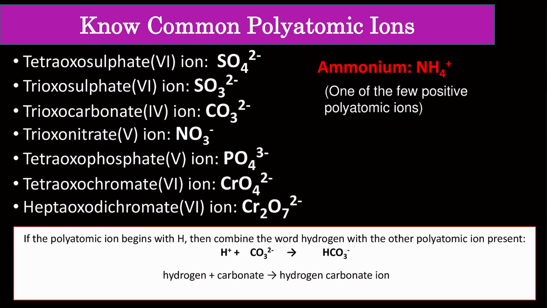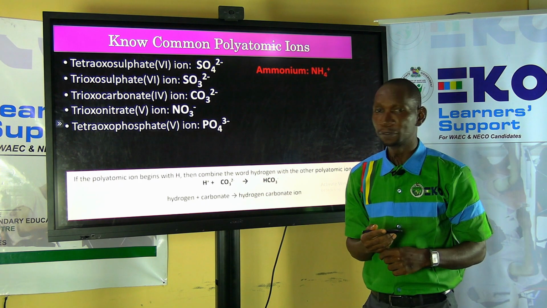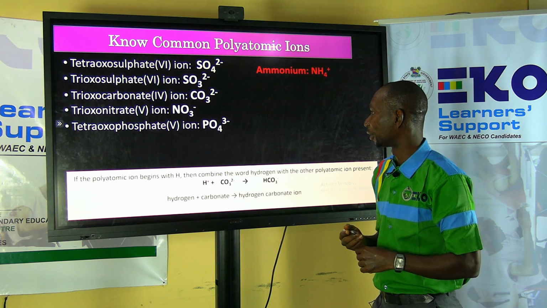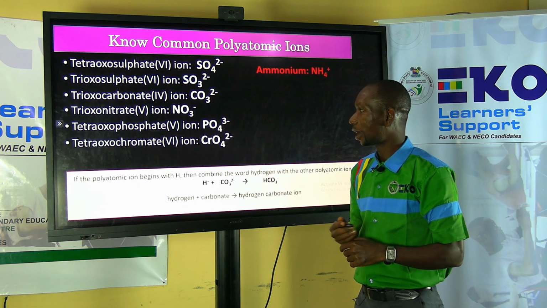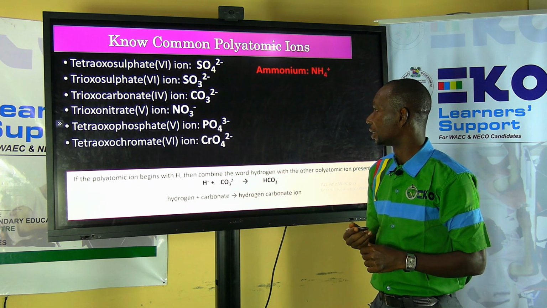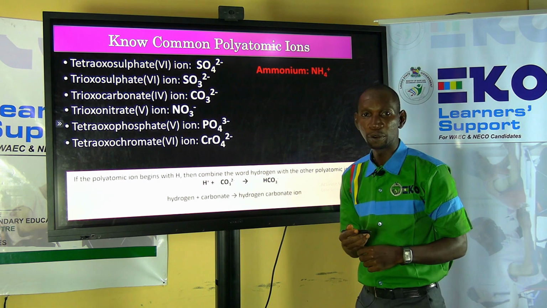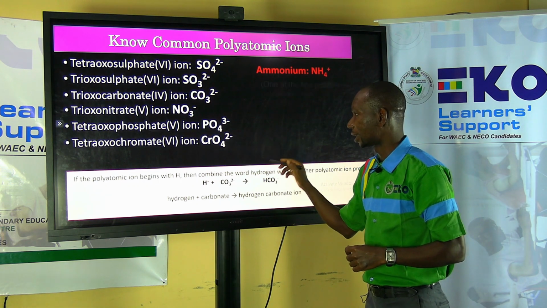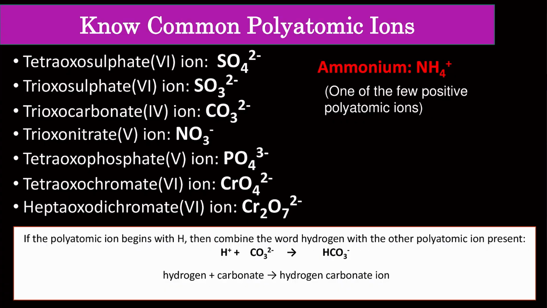You have trioxonitrate(V) ion, NO3-. You have tetraoxophosphate(V) ion, PO4 3-. You have tetraoxochromate(VI) ion, CrO4 2-, not Cr7. Okay, heptaoxodichromate(VI) ion, Cr2O7 2-.